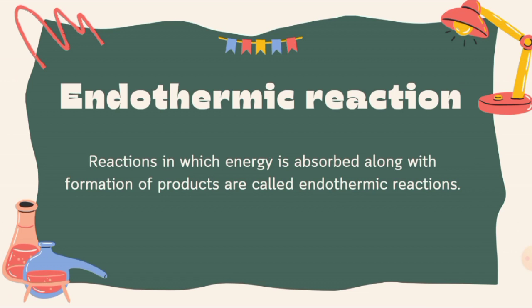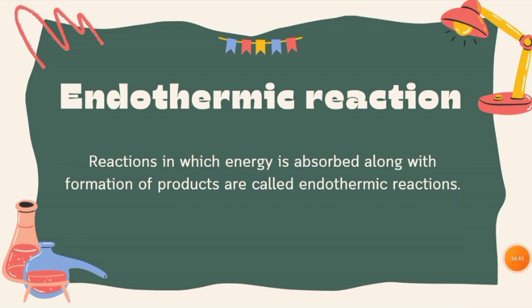Reactions in which energy is absorbed along with the formation of products are endothermic reactions. In all the decomposition reactions which we have seen, the reactions are consuming energy. Okay, energy is absorbed, so that's why they are endothermic reactions. That's why I told you to remember heat, right?